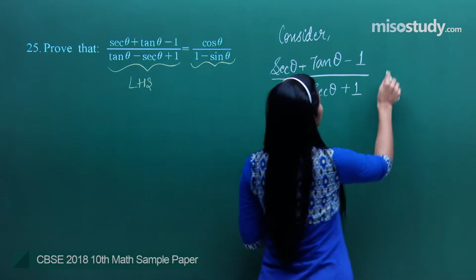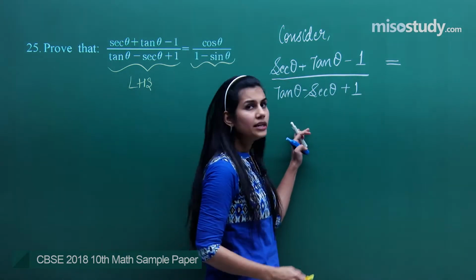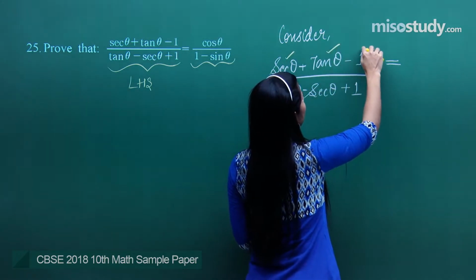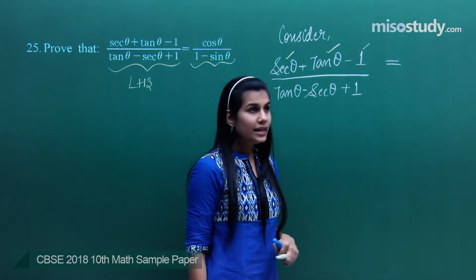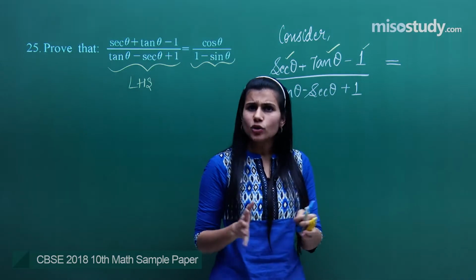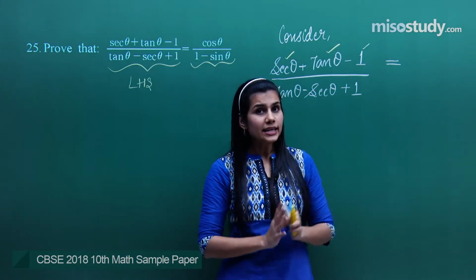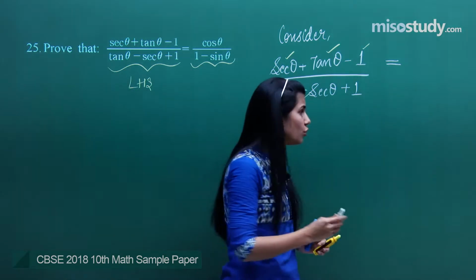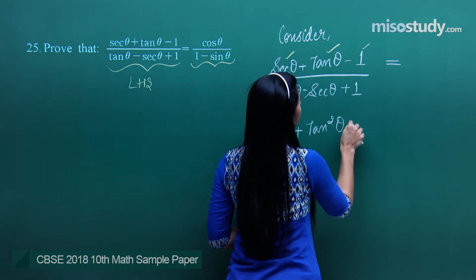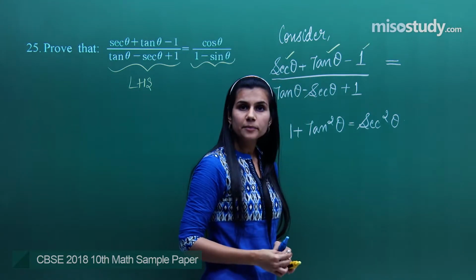So let's start. What do you think should be my first step? Now over here you can see in the numerator there is secant, there is tangent and there is a 1. Can this 1 be replaced by something in secant or tangent, so that uniformly I have expressions of just secant and tangent with me? You know that 1 plus tan squared theta is sec squared theta.